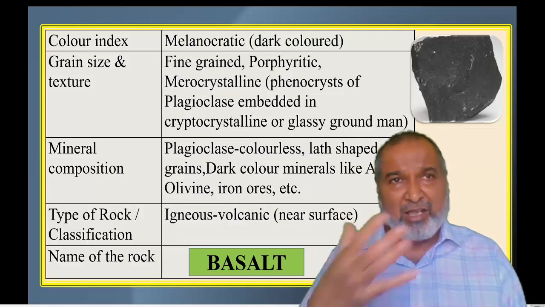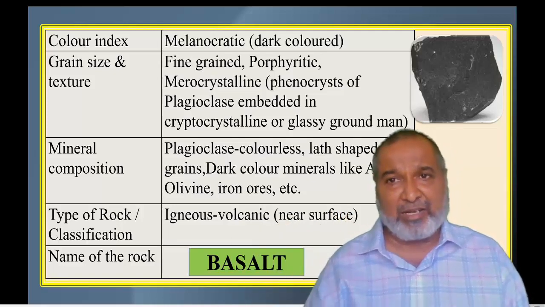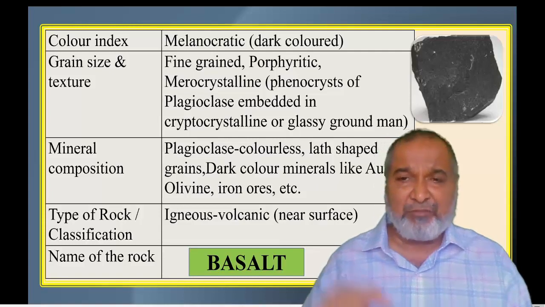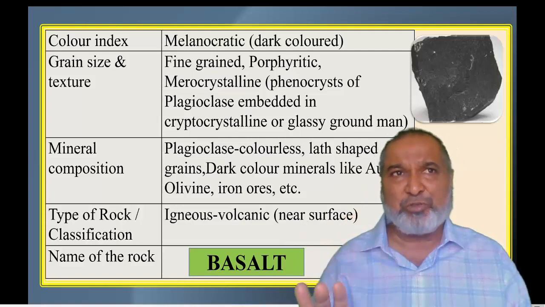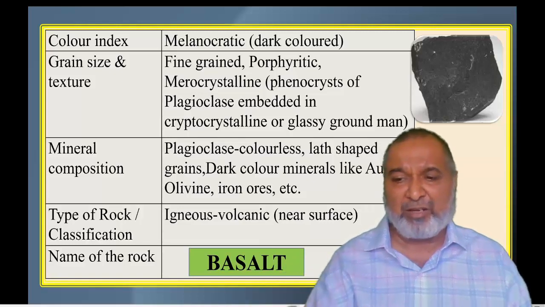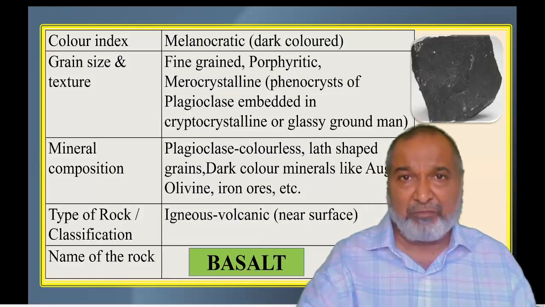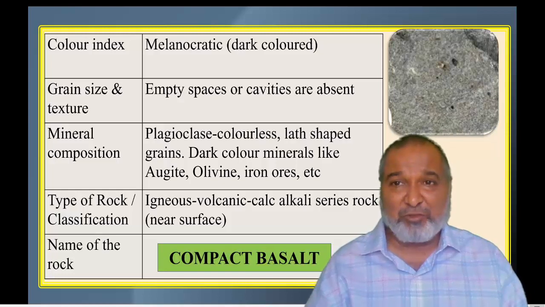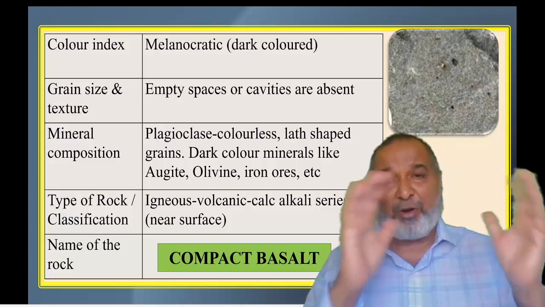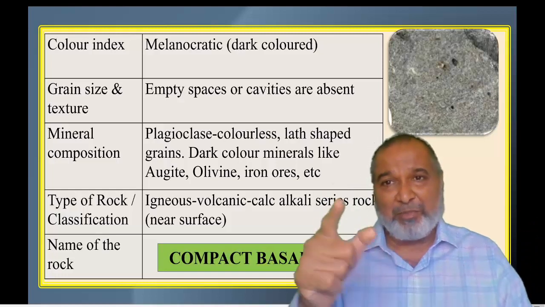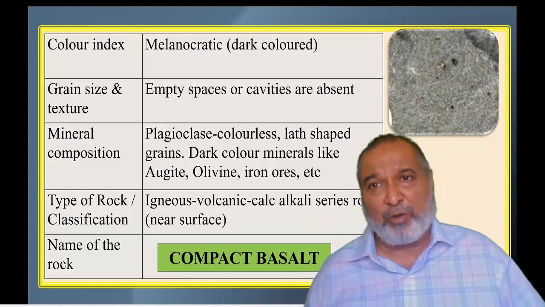In basalt there are several types, but this is the first type, where we see that it is very compact, nothing is visible, a very fine grain compact one. So this is the compact basalt we mentioned. This is the broad classification given on the back, but here we have mentioned the compact one.